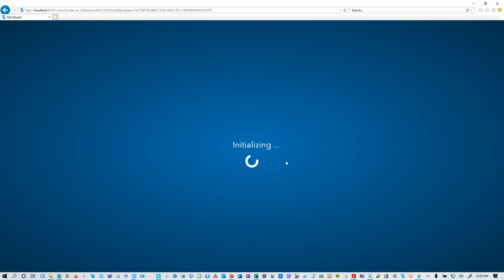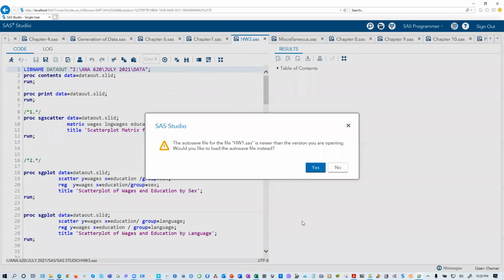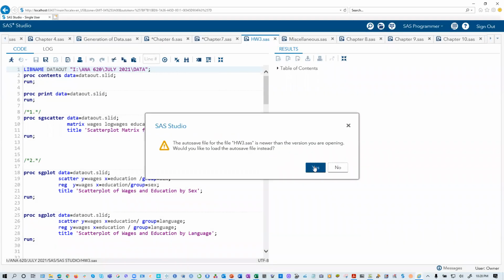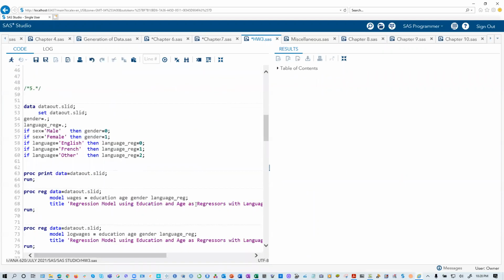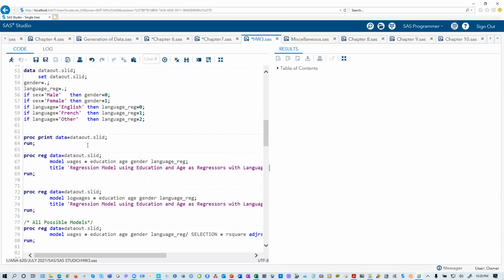Yeah, use grouping variable for sex and language. Add these to the model. Select the grouping variable that creates the best model. That's number 5. So we added this one to here.